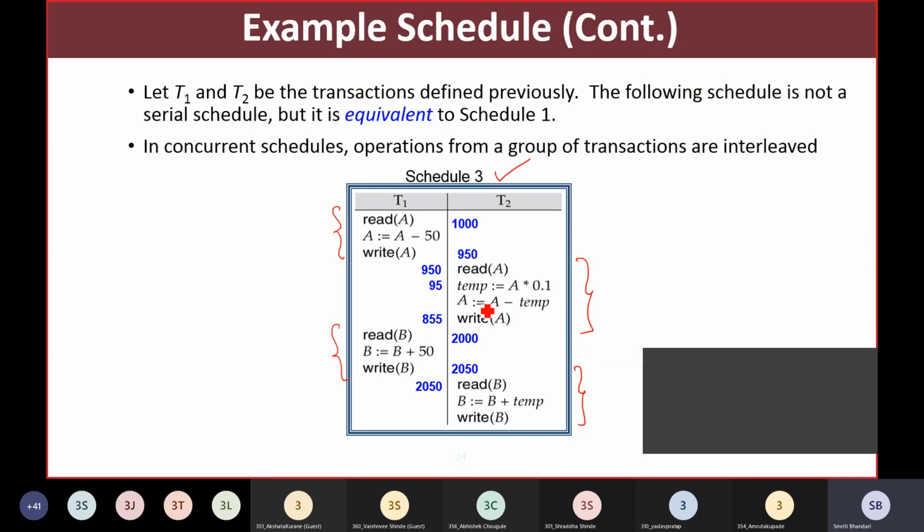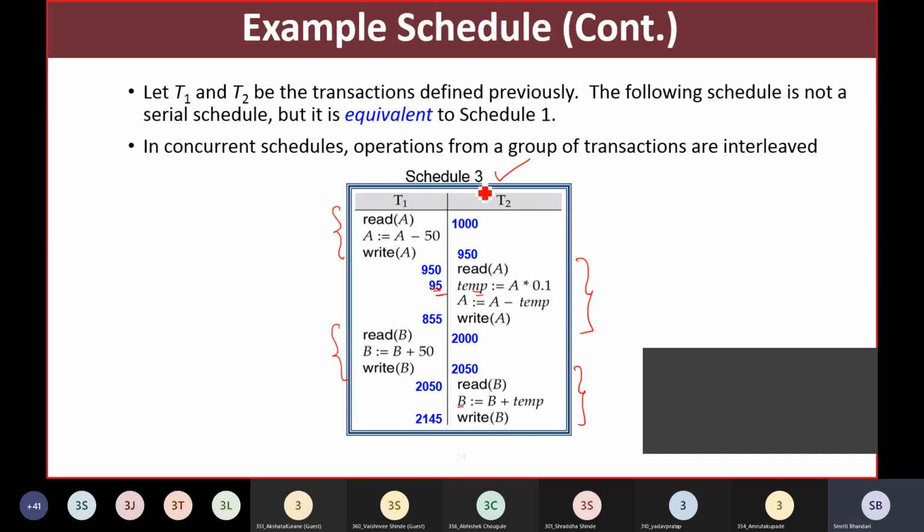So T2 is now reading B, so it is reading 2050. Then whatever was computed by T2, temp, 95, it was computed by T2 and stored in some temporary variable. So that amount temp is being added into B's account, and finally T2 is writing B's amount.